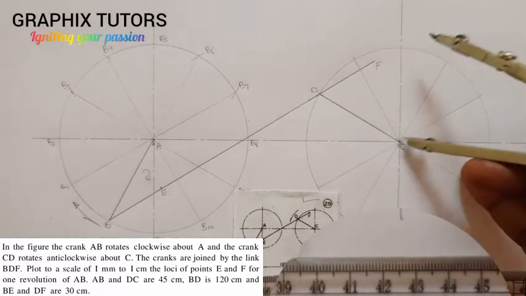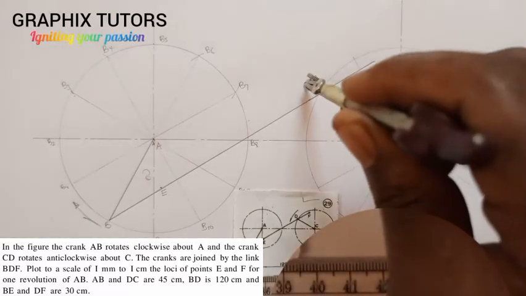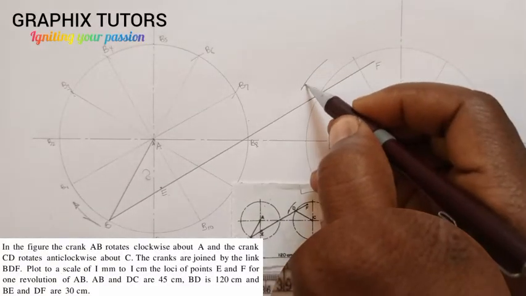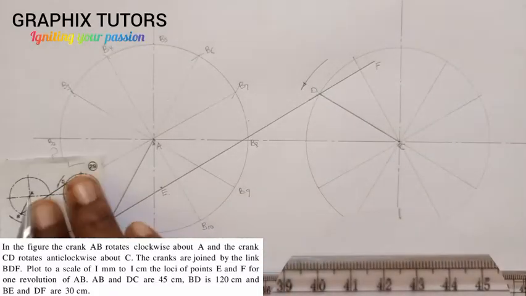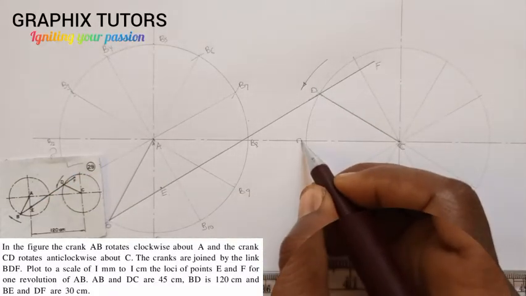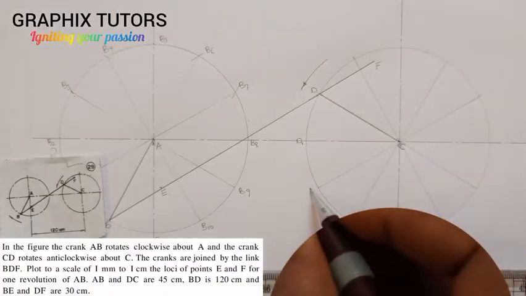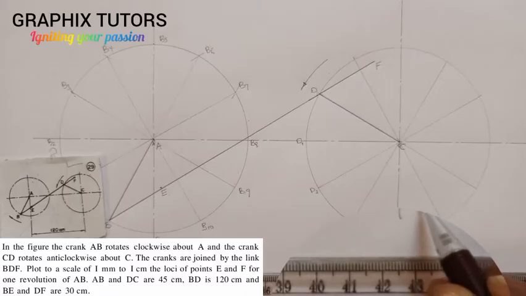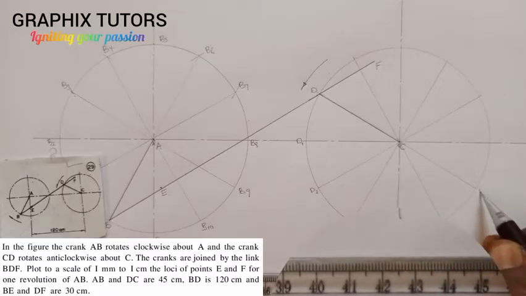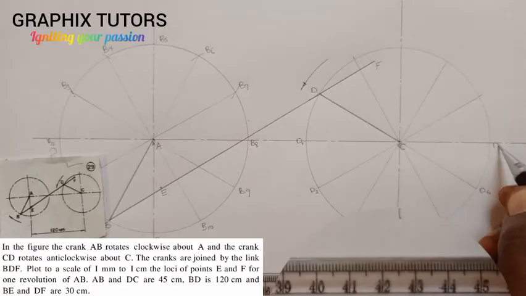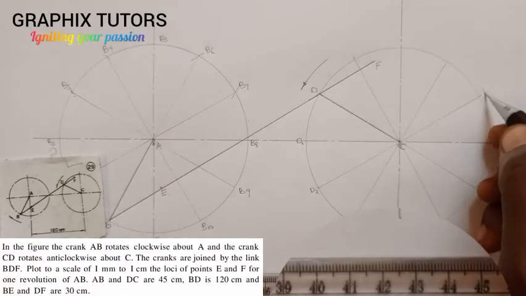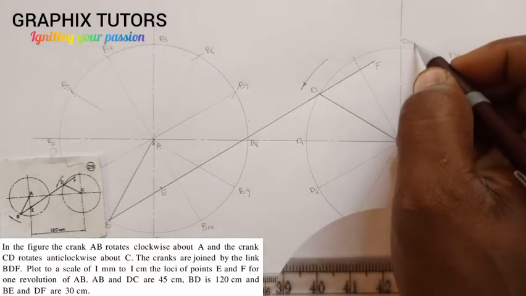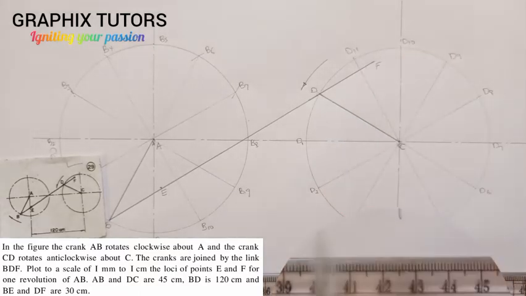Similarly, we are told that this rotates in an anti-clockwise manner. So this is going in this direction. If it's going anti-clockwise, this is D, this will be D1, D2, D3, D4, D5, D6, D7, D8, D9, D10, D11.